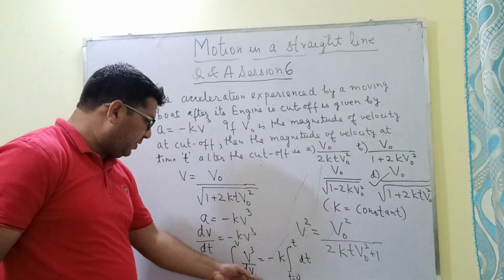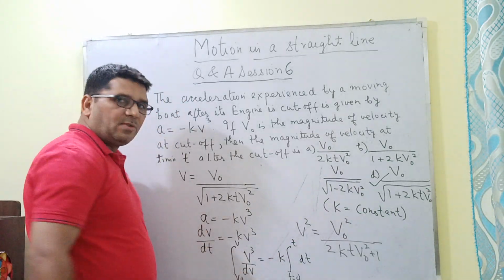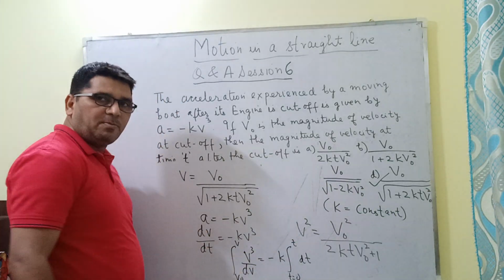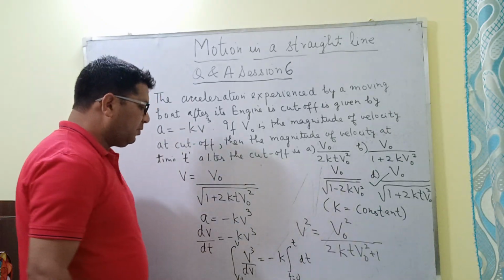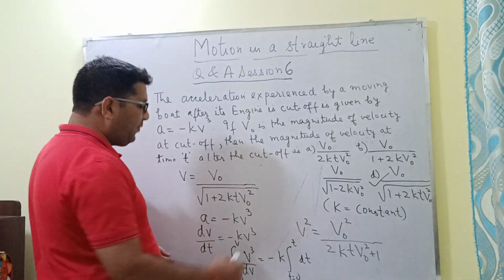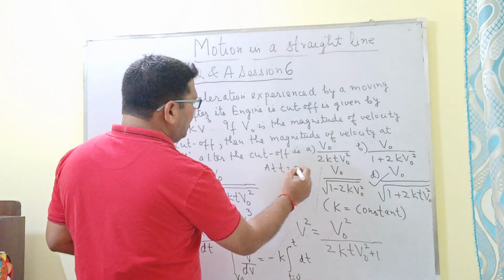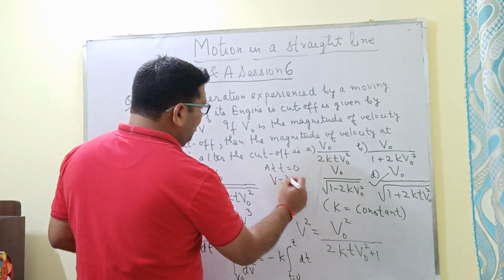But when you are integrating this equation, you will also be getting one constant of integration. So that has to be taken into account. And in order to get the value of that constant of integration, we have to put the value of t, that at t is equal to 0, v was equal to v0.